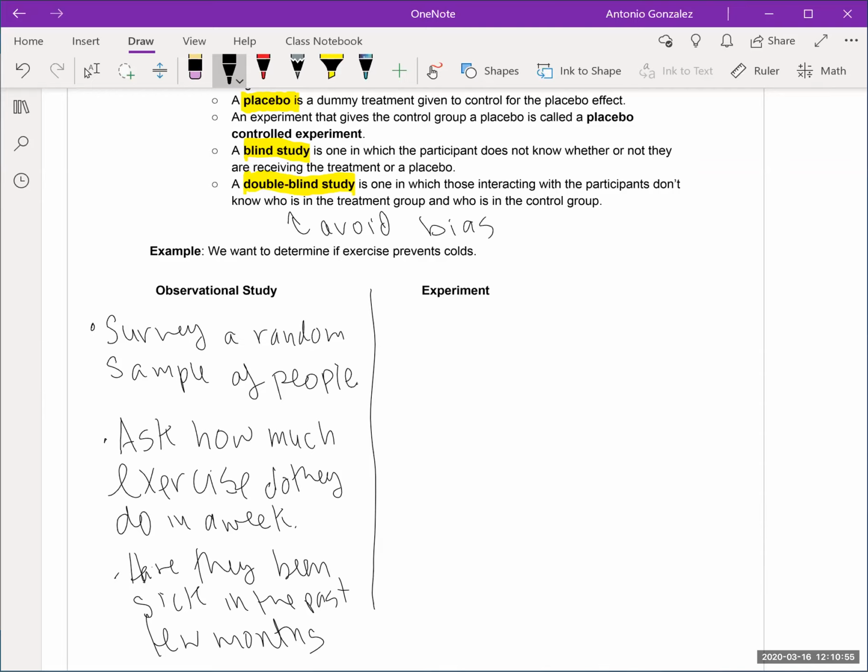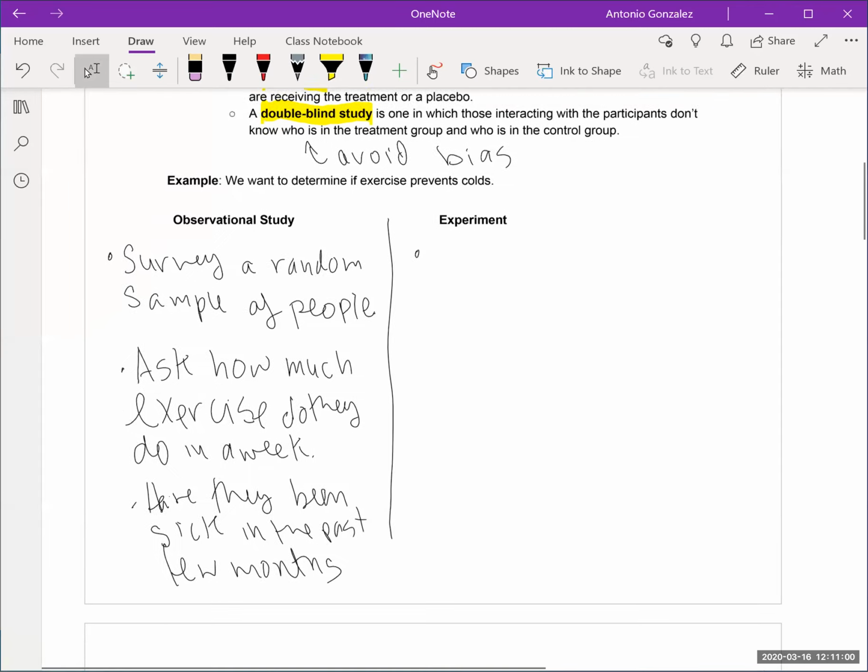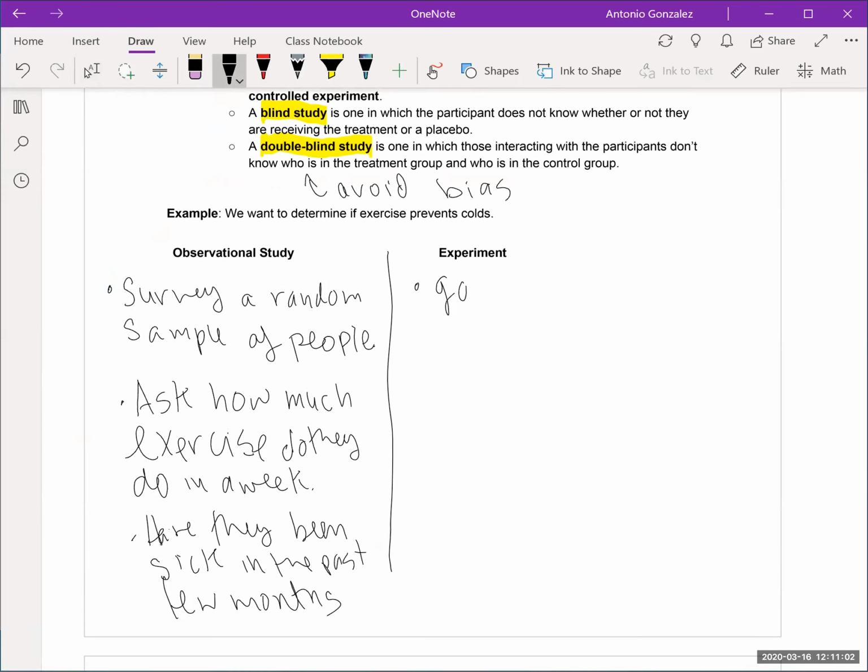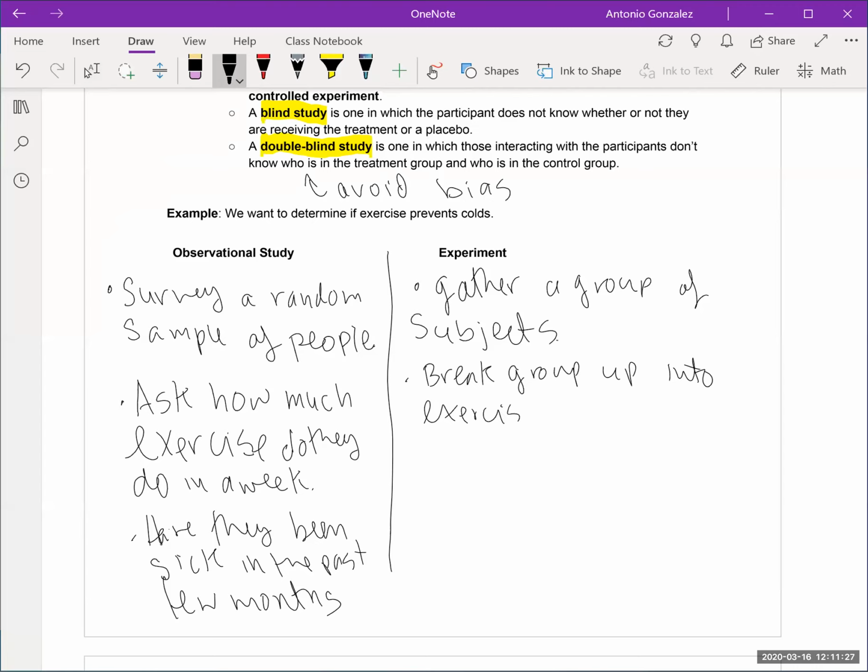Now, if this were an experiment, one way we could do this is to gather a group of subjects, and then break the group up into exercise and no exercise.